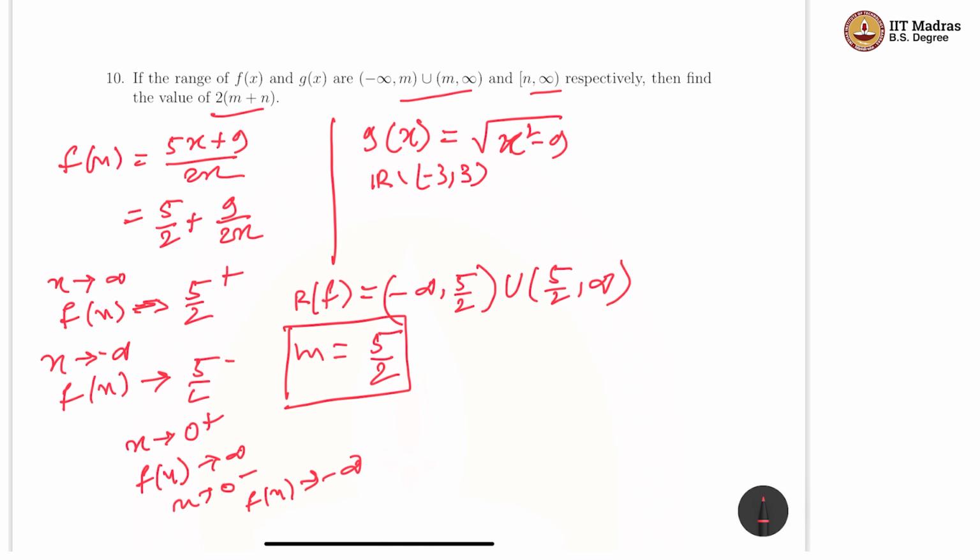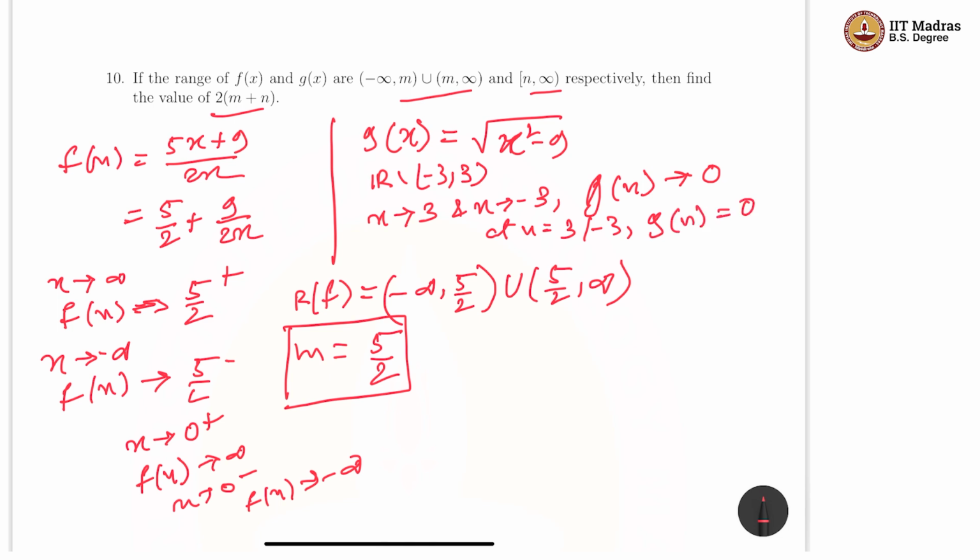That means if x tends to 3 and x tends to minus 3, then we will get the function g(x) tending to 0, and at x equal to 3 or minus 3, the value of g(x) will be 0, right? And the value of g(x) will then be positive.